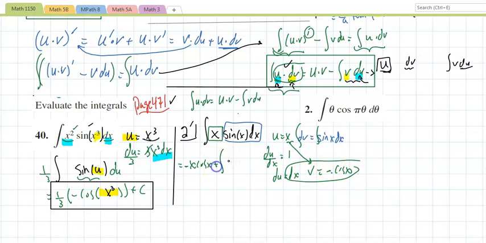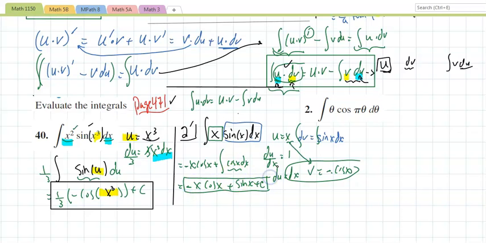Negative times a negative is a positive. And by the way, the plus c you added just at the end once. And wouldn't this be negative x cosine of x plus, what do you take a derivative of to get cosine? The sine of x plus c.